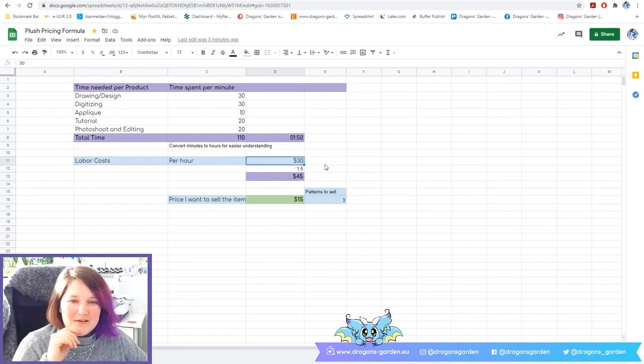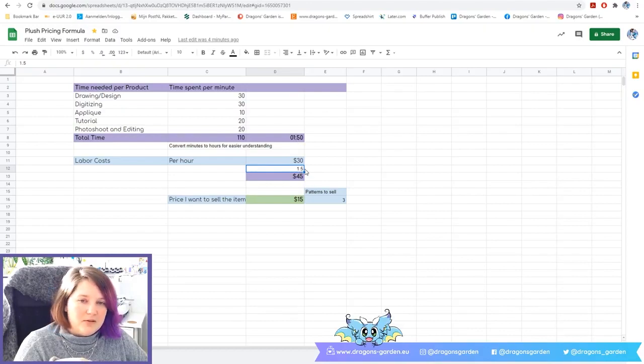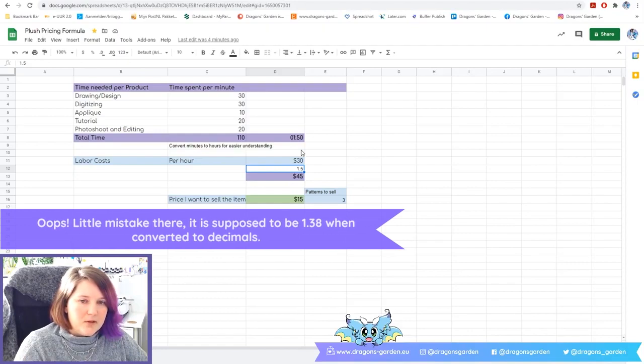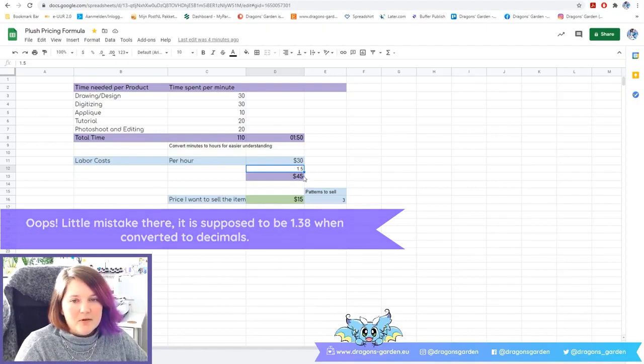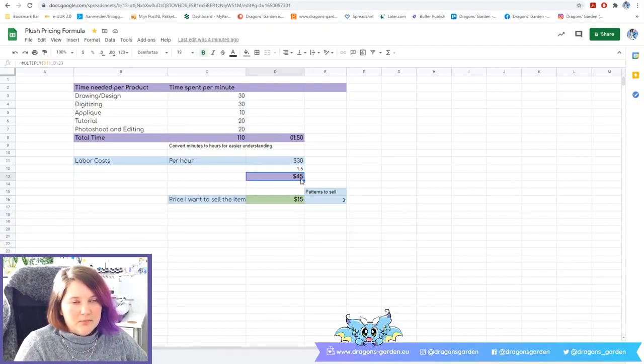So this means that, like I said before, I charge a bit more for my time, because I'm making stuff from scratch and it takes time out of my day. So I'm charging, let's say, $30 per hour, and it takes me 1 hour 50 to finish the pattern, which means that the final price per pattern should be $45.